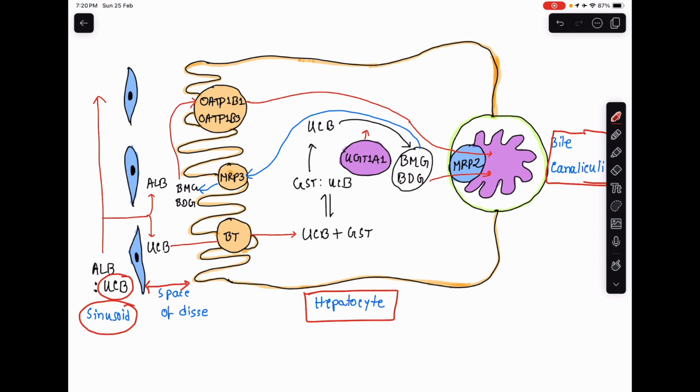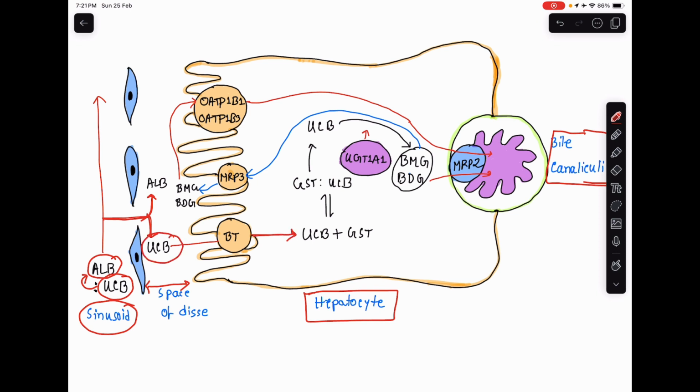So to be transported in the plasma, it gets very tightly bound with albumin. So albumin and the tightly bound unconjugated bilirubin run in the plasma and then diffuse into the space of Disse.